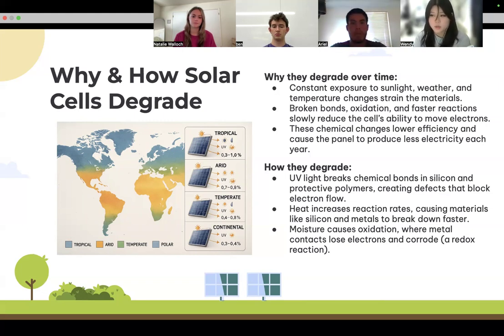Bonds in the silicon break, metals oxidize, and chemical reactions slowly build up. As these changes happen, the cell becomes less and less effective at moving electrons, which basically leads to the panel producing a bit less electricity each year. Below that, I just have a little bit on how they degrade, but I'll go into more detail when I talk about the types of degradation.